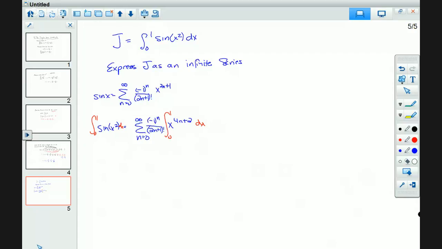So what's the integral of x to the 4n plus 2? You integrate with the power rule. That's it.